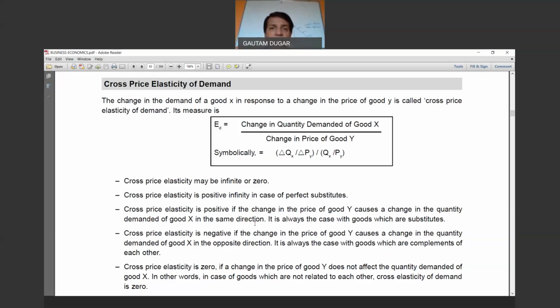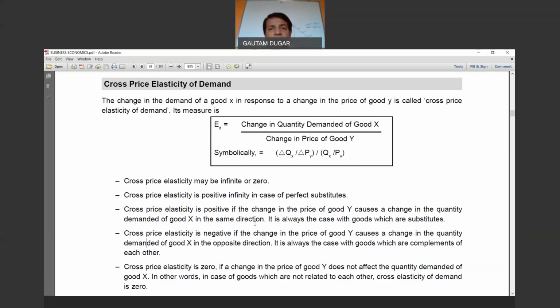And you all must be knowing that in the case of substitute goods, the relation between price of one commodity and the demand of the other commodity is positive. If the price of one rises, the demand for the other rises. They move in the same direction. Therefore, cross elasticity of substitute goods is always positive. That's right, positive. Khushi, that is the correct answer.